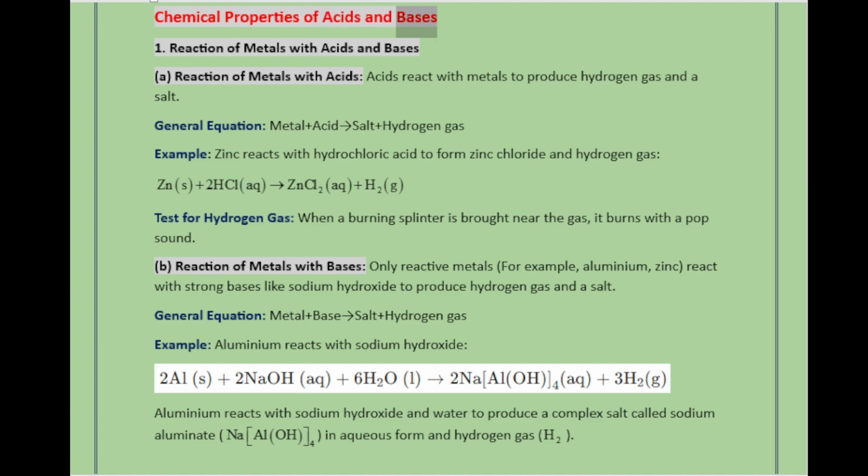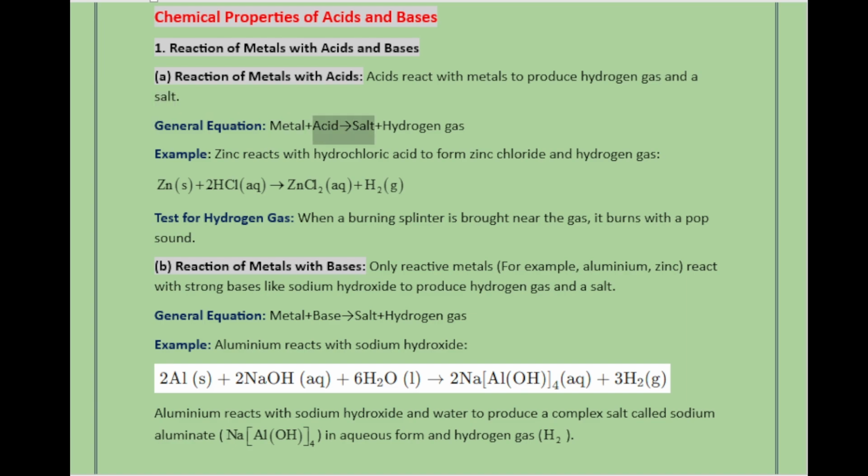Chemical properties of acids and bases. 1. Reaction of metals with acids and bases. A. Reaction of metals with acids. Acids react with metals to produce hydrogen gas and a salt.